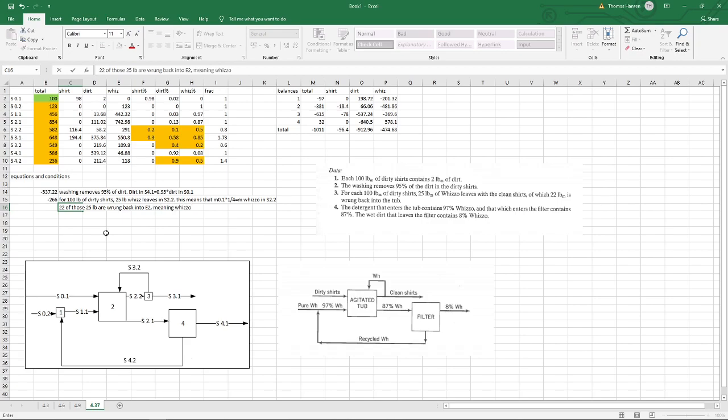The amount of Wizzo in 3-2 is equal to 22/25 of the Wizzo in 2-2. Right?